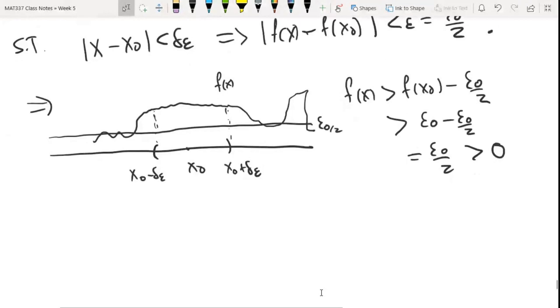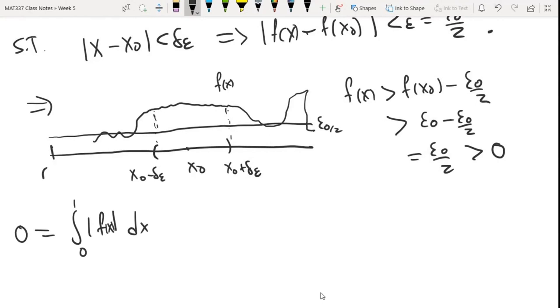So now we're almost there. So clearly there's a problem. This is the integral of f over the entire interval 0, 1. But then we integrate over the smaller interval, x naught minus delta epsilon and x naught plus delta epsilon.